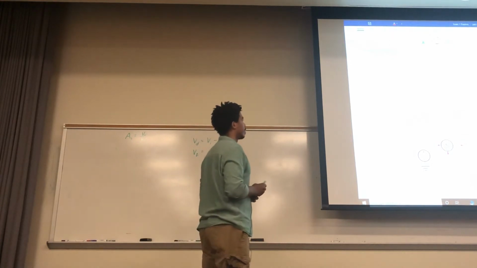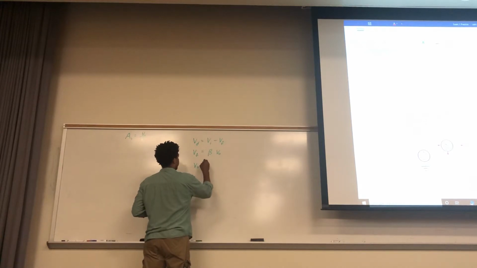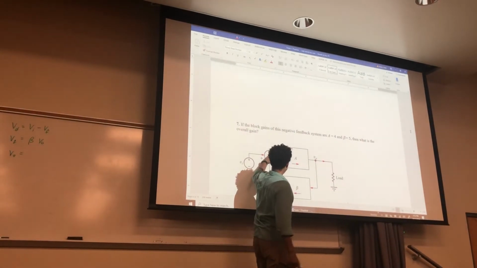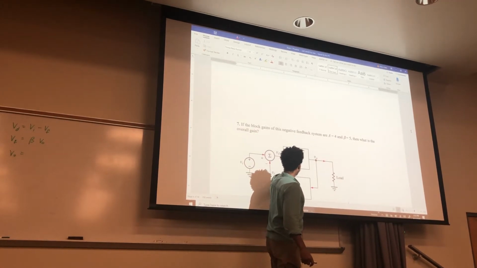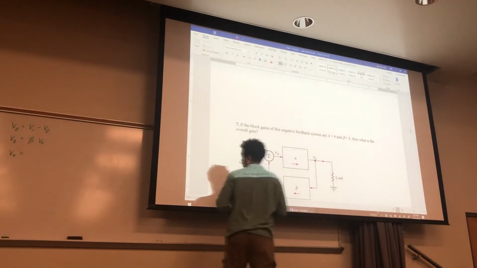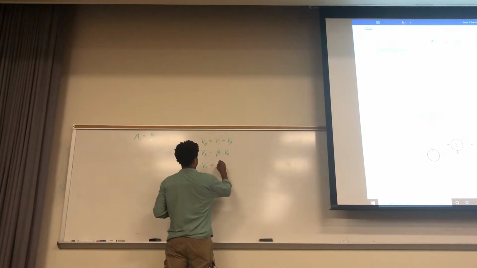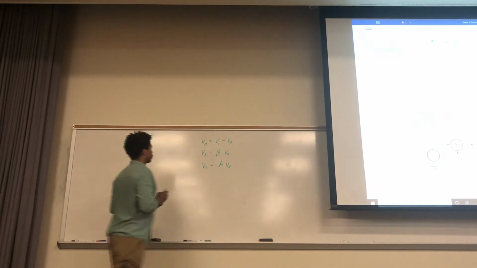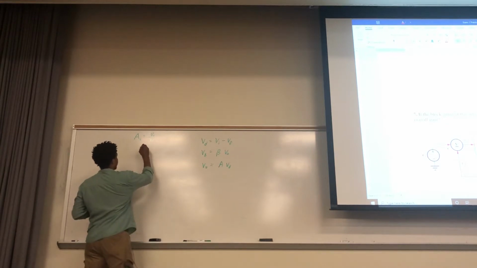And we can say that V out, well, to get to V out, the input is Vd. That's going through there. Something is happening, but it's being multiplied by A by the time it gets there. So this V out is A times Vd. So we can start plugging things in here, right?